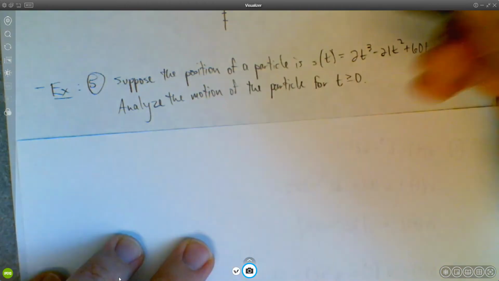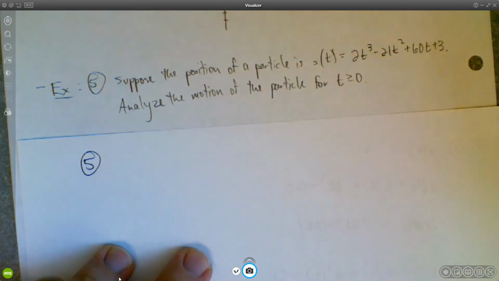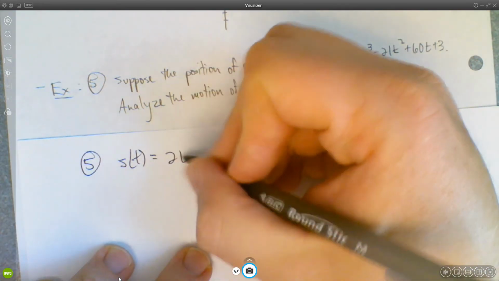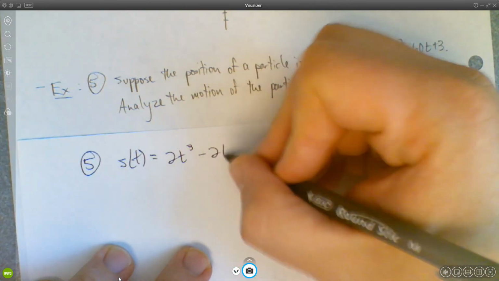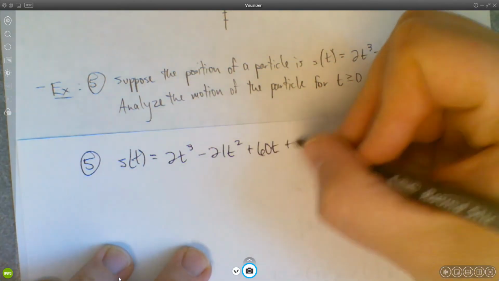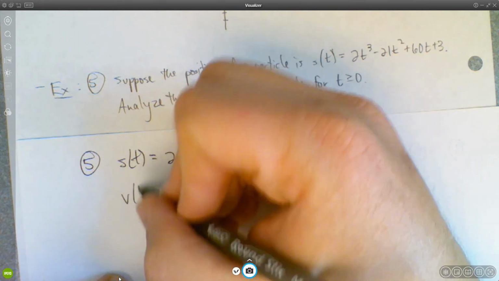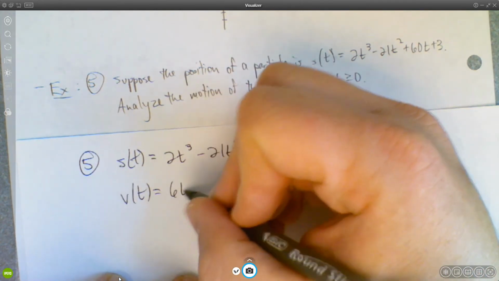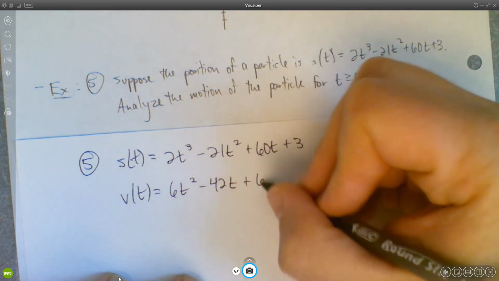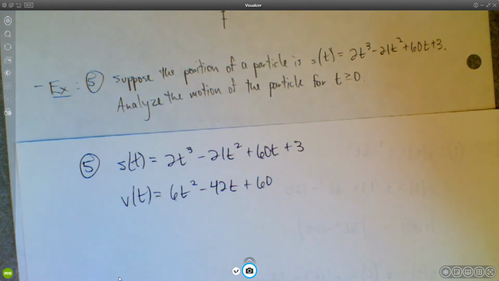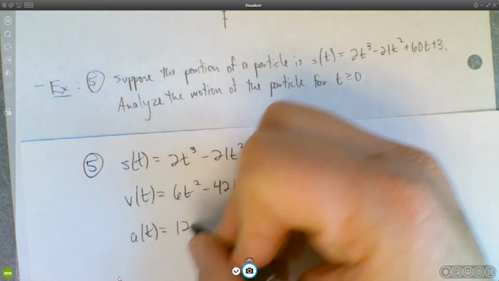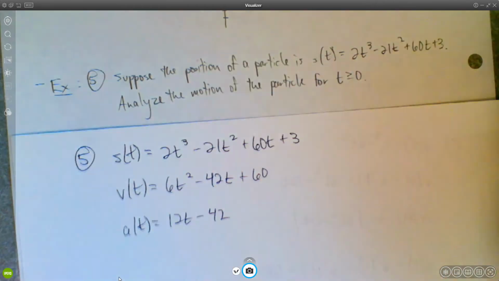So for example 5, s of t is 2t cubed minus 21t squared plus 60t plus 3. So the velocity is going to be 6t squared minus 42t plus 60. And the acceleration is going to be 12t minus 42.